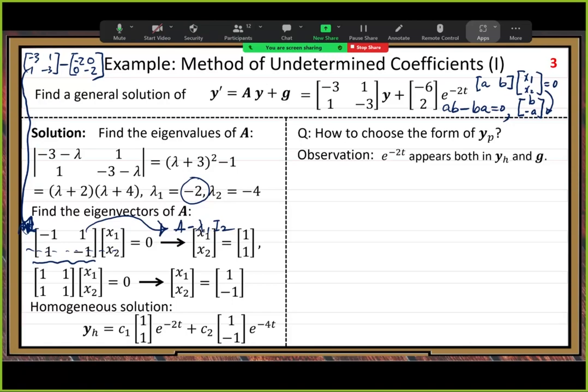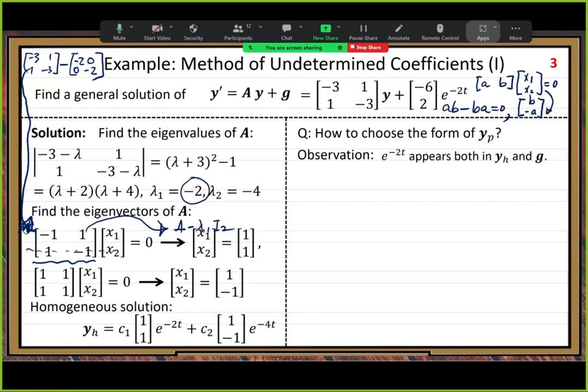So we did it in this way. So here, this G, you have this E function here. If you look at the E function, related to the eigenvalues, this one happens to be the same as one of the two eigenvalue related functions.